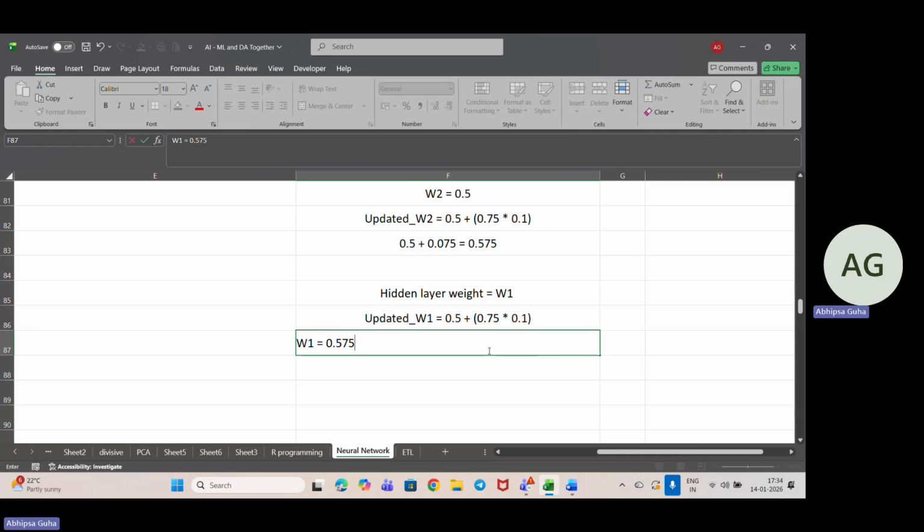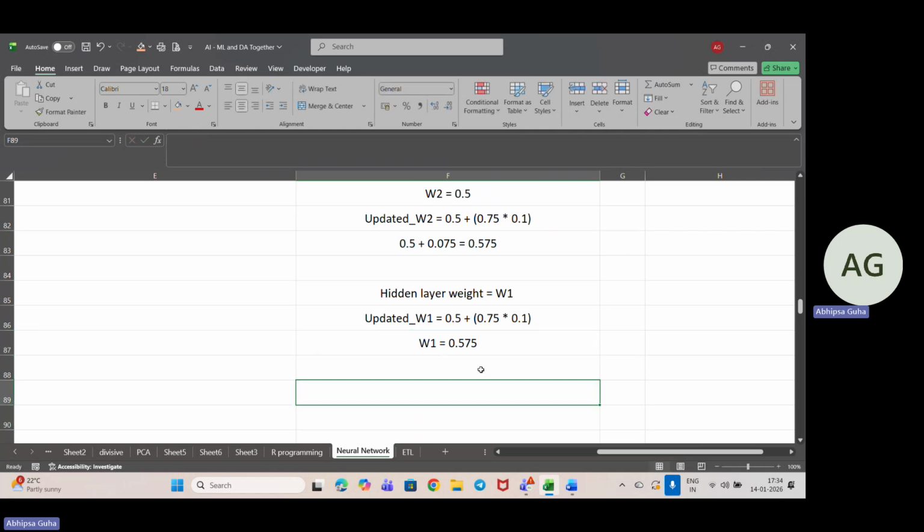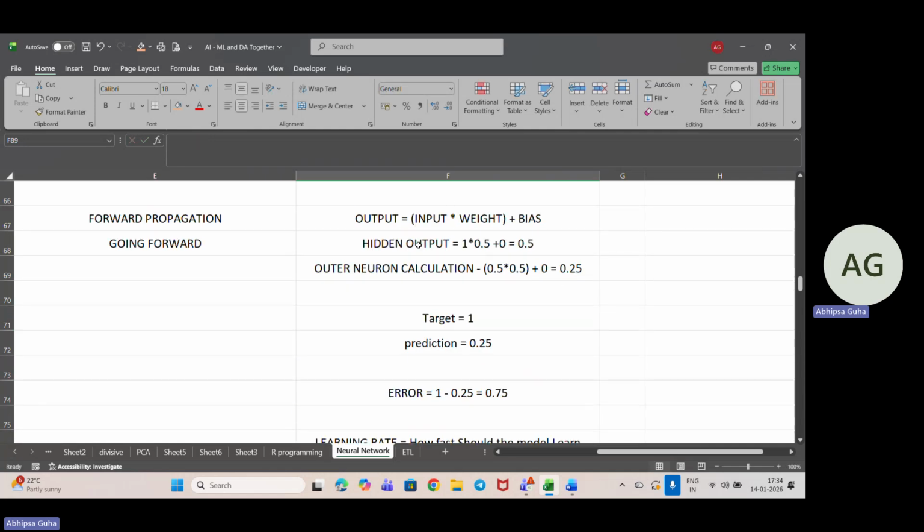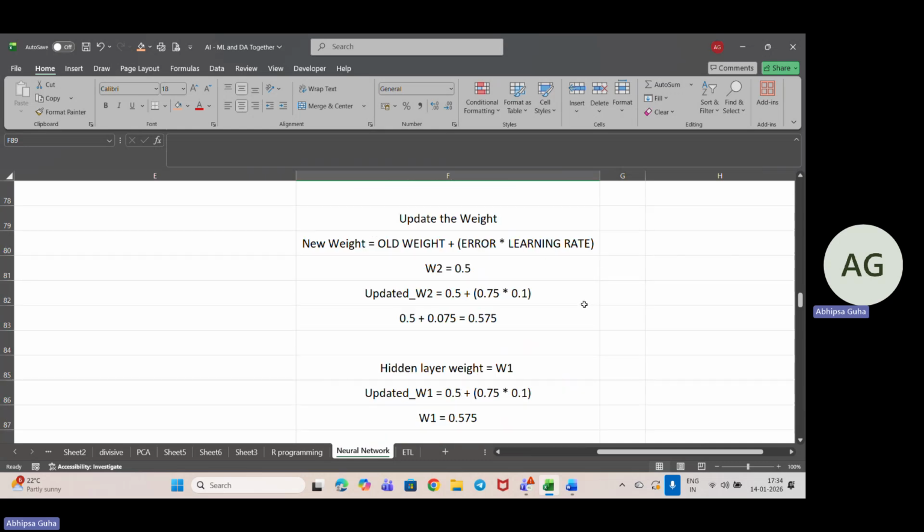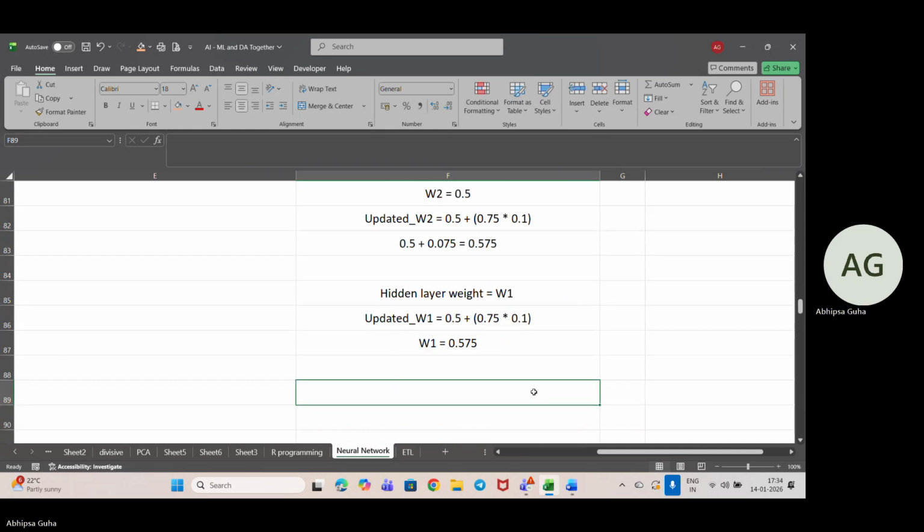Okay, so I am trying it once more with the updated values, the hidden neuron and the hidden neuron output again. The hidden output is coming as 1 into 0.575, because my input is 1, and the output is 0.575.